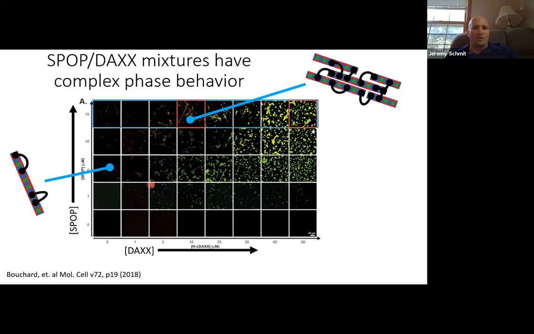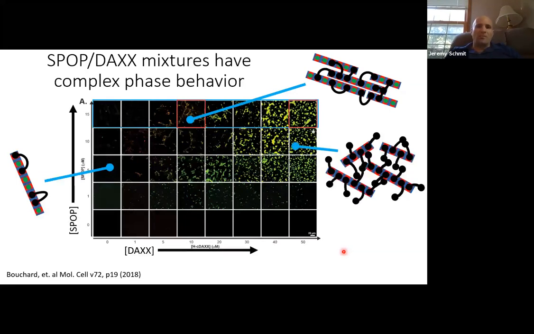Now, the more difficult one to explain is what's going on in here in the liquid phase. And the model that we converged on here was this one. What's happening is that DAX has essentially saturated all of the potential binding sites on SPOP. And so this molecule here cannot form a cross-link with a neighboring rod because there are simply no sites for it to bind to. They're already occupied with other DAX molecules here.